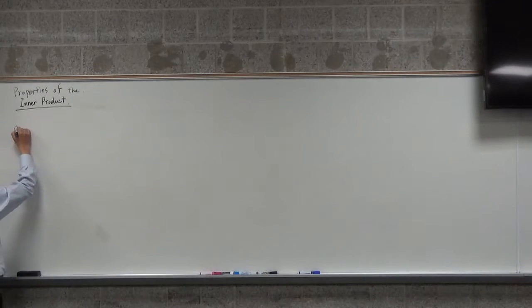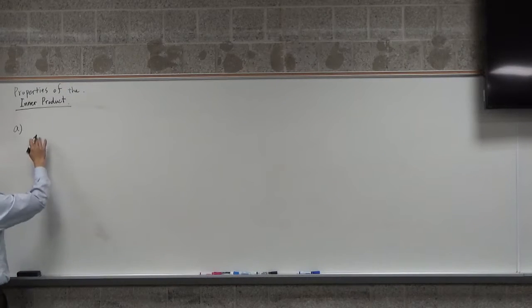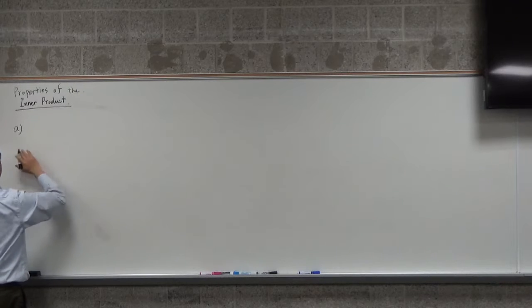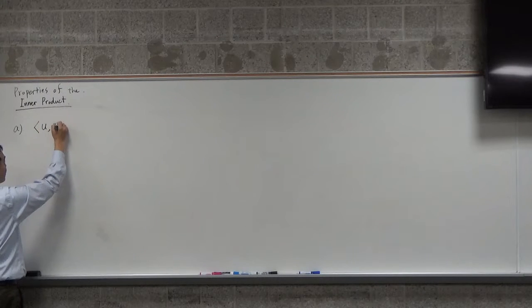All right. So first, I'm not going to write it as U dot V. I'm now going to use the angled brackets because it saves us having a lot of parentheses when we use it for linear algebra. One thing that we know is that it's a symmetric thing.